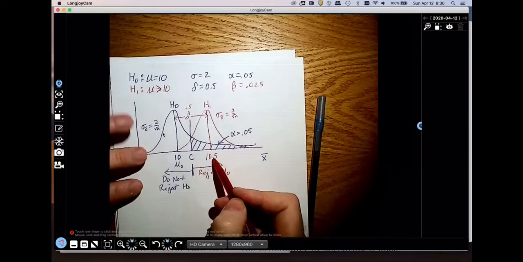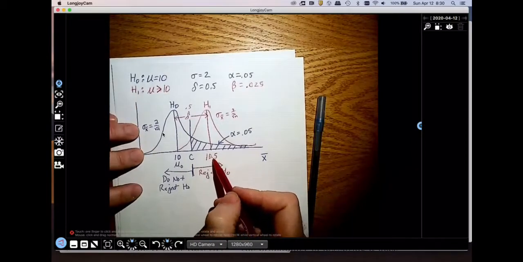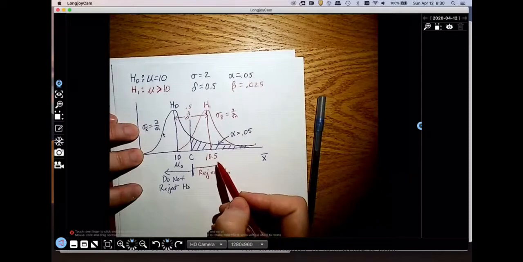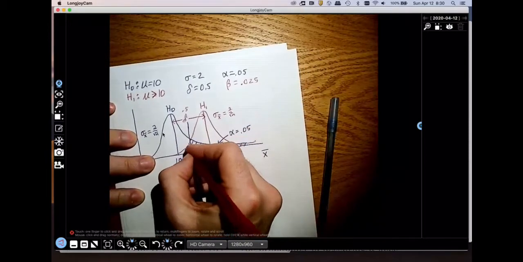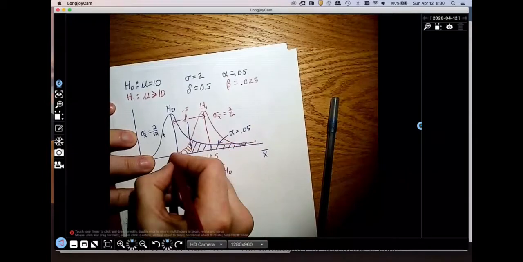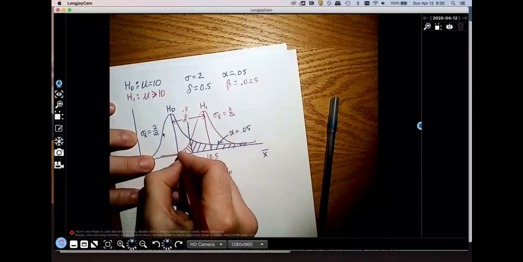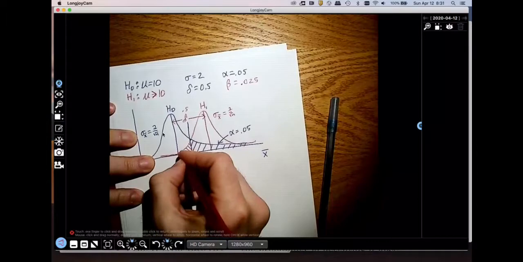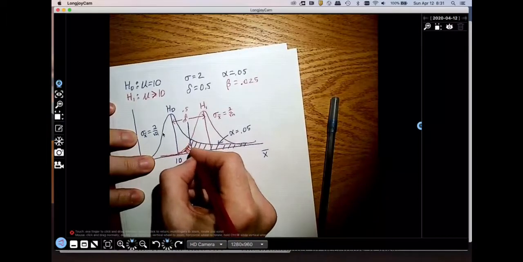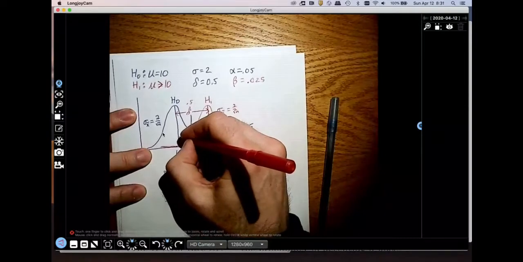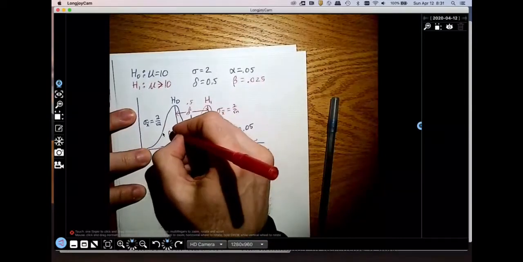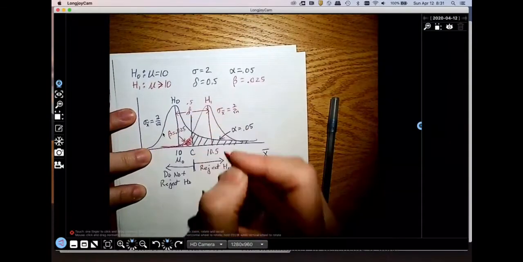But we're just going to take the hardest case, which would be when mu is 10.5. So this region right here, I should have had my tail go out to infinity. This region right in here, in fact, I can color it if we like, is my type 2 error. So this is when I have a type 2 error, so beta equal to 0.025.